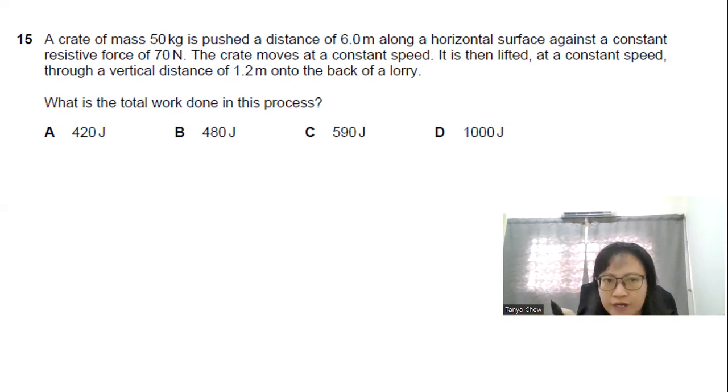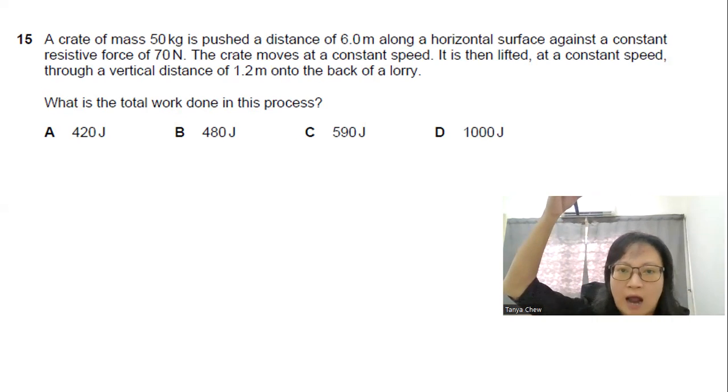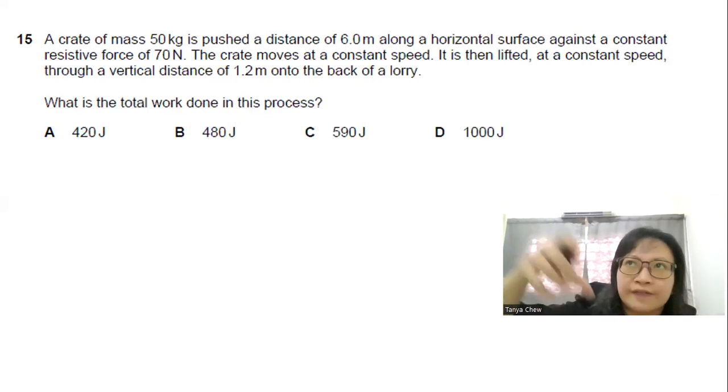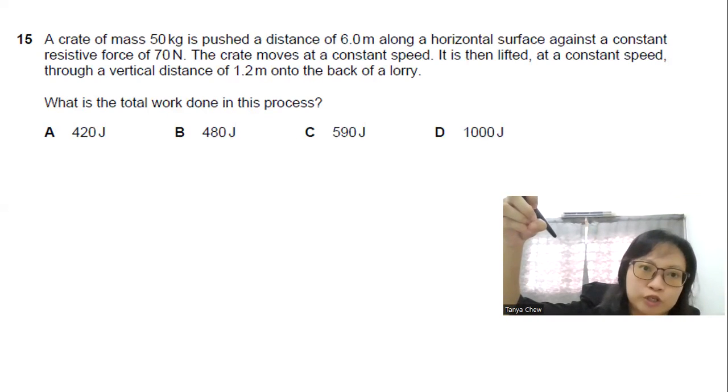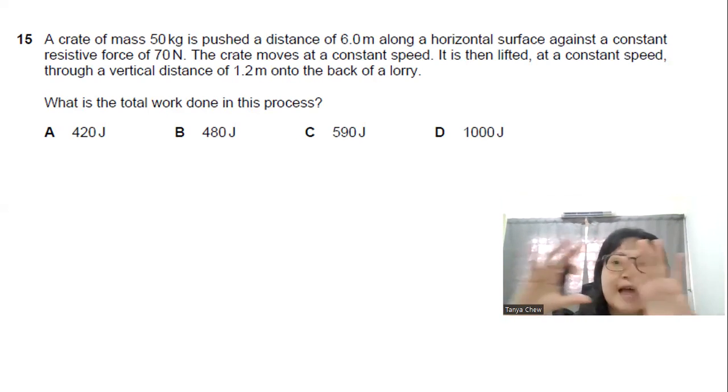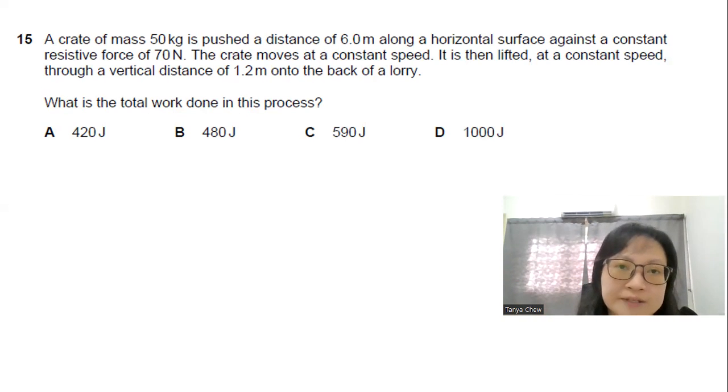First of all, one is horizontal. So you have to solve for the horizontal force first, and then after that, it is being lifted up to the lorry. That is the vertical direction. So you have to solve it separately, and for the total work, you just sum up the two works that you have calculated separately.